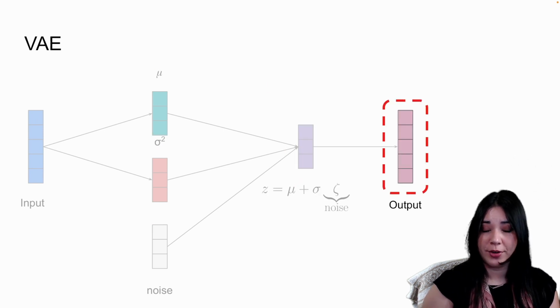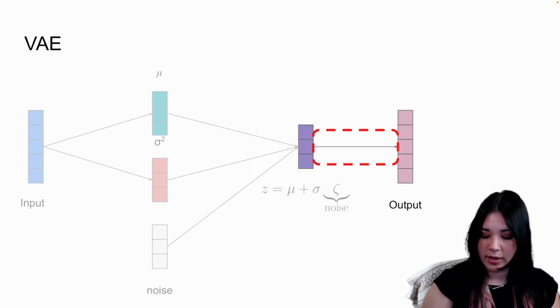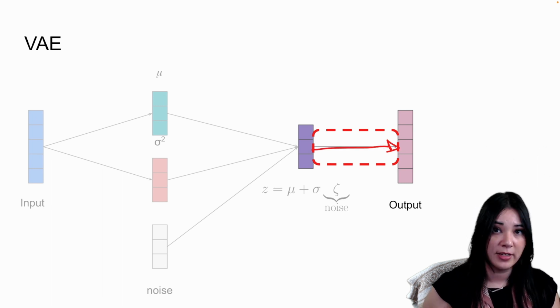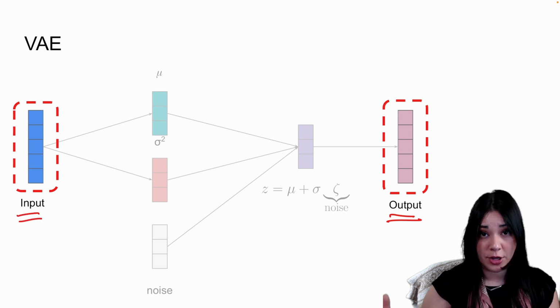Like in a typical autoencoder, it is fed into a decoder to then hopefully reproduce the input as our output. And just like in an autoencoder, this decoder could be multiple stacks of different layers. Just like an autoencoder, the goal of a variational autoencoder when training is to recreate our output based on our input by first encoding and then decoding our input.